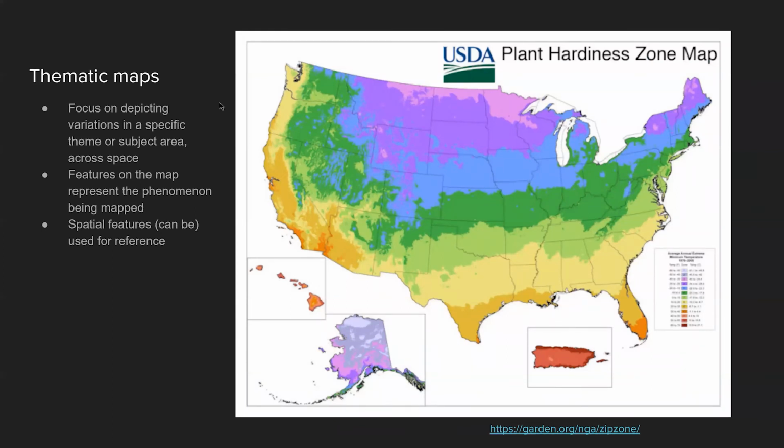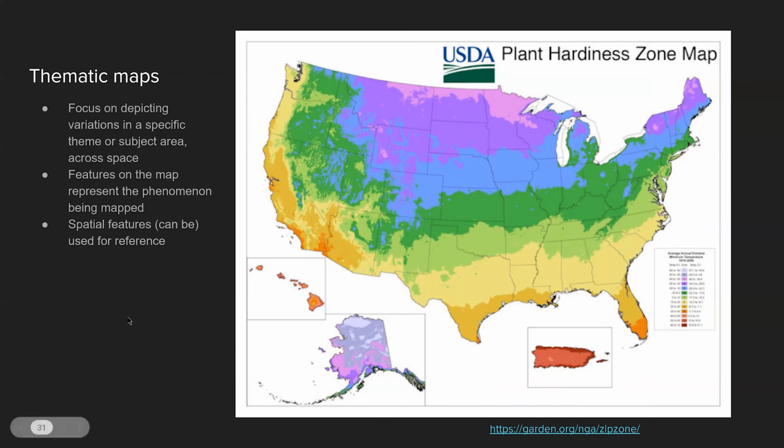So here we're looking at plant hardiness zones. We're using the geographic space of the US and Puerto Rico to show where plants can grow and the types of plants that will grow in that area. The actual geographic borders of the states aren't really important for the plants, which is why the colors cross between state lines.